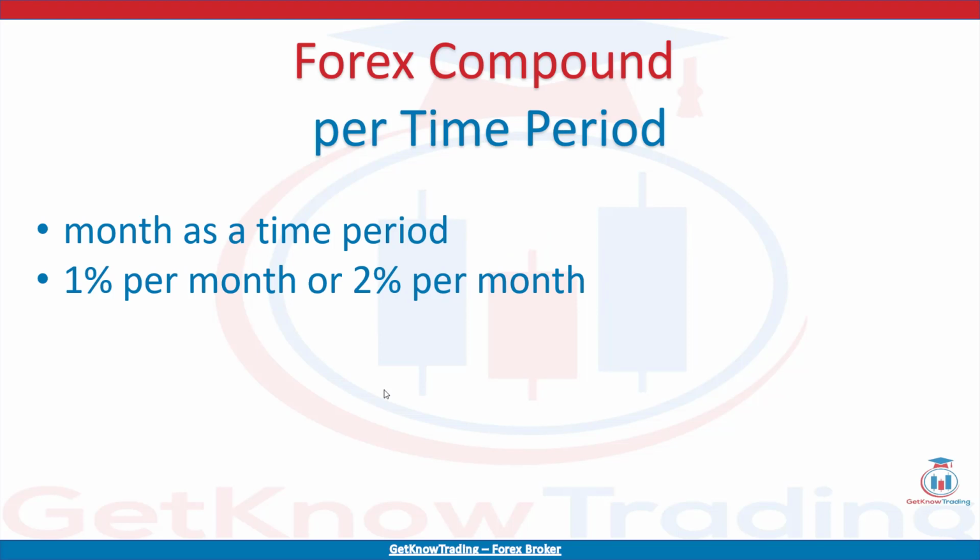Let's use month as the time period because the monthly period is mostly used in calculating profits. Usually, all traders want to see how they have traded when the month ends. So the time period is a month. You select the percentage of profit in a month. That can be 1% per month or 2% per month, or any other percentage as I have already mentioned.